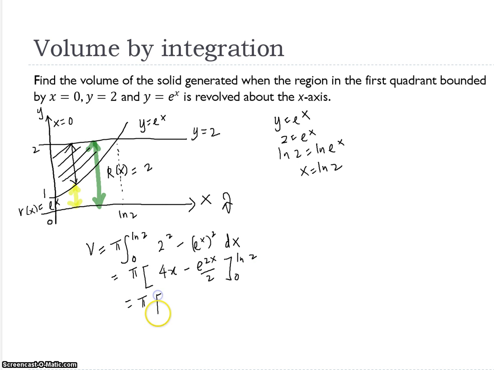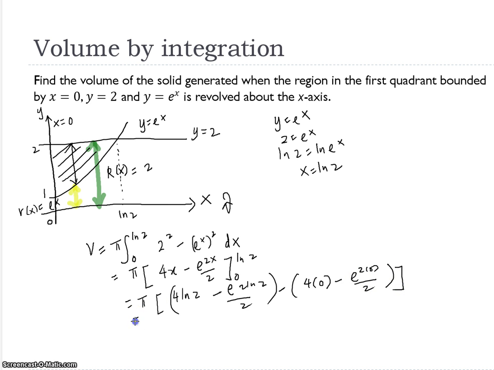So continue to substitute the values: 4 ln 2, subtract e^(2 ln 2), divided by 2, subtract 4 times 0, subtract e^(2 times 0), divided by 2.